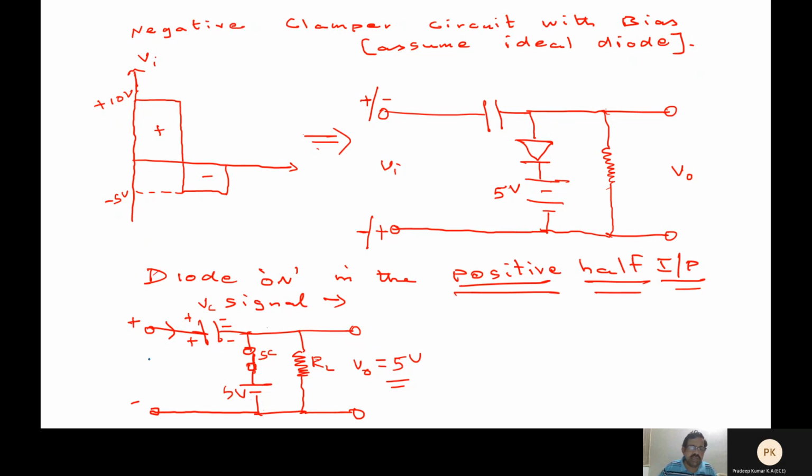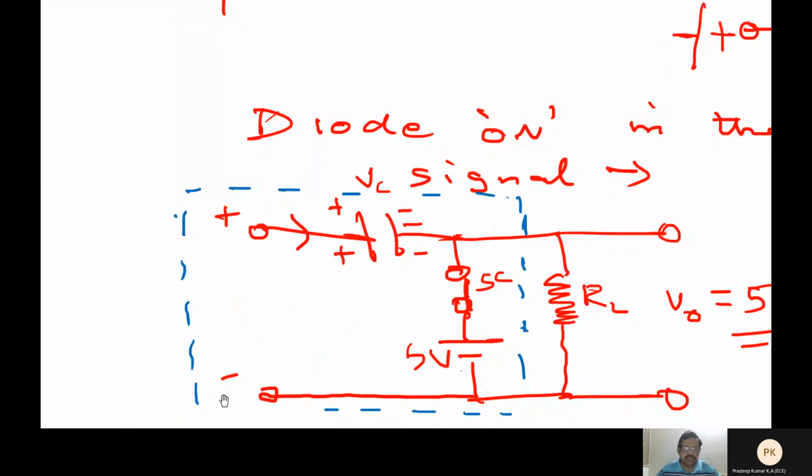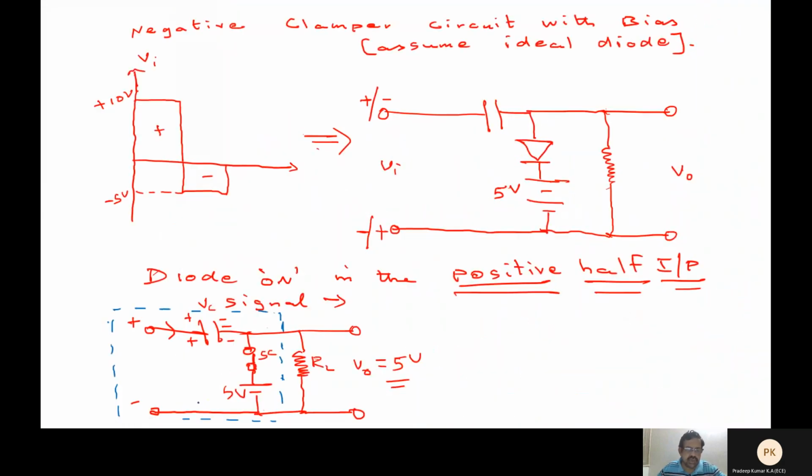So the KVL will be in this loop. But KVL is applied over here.